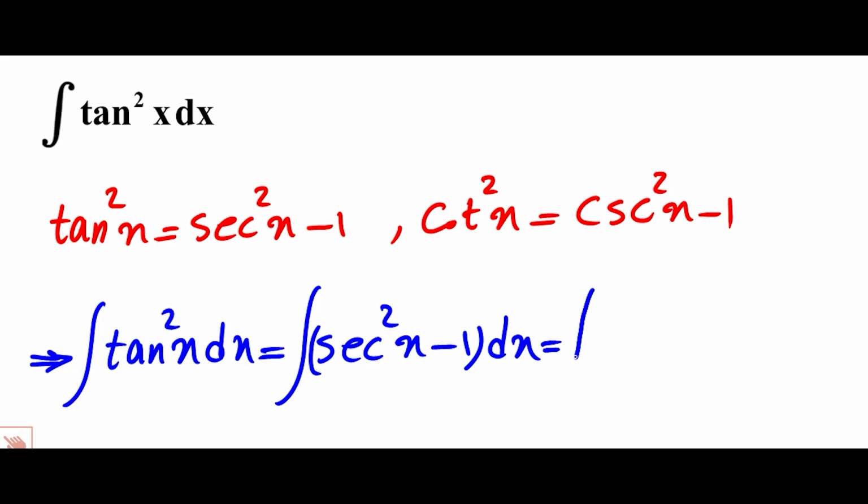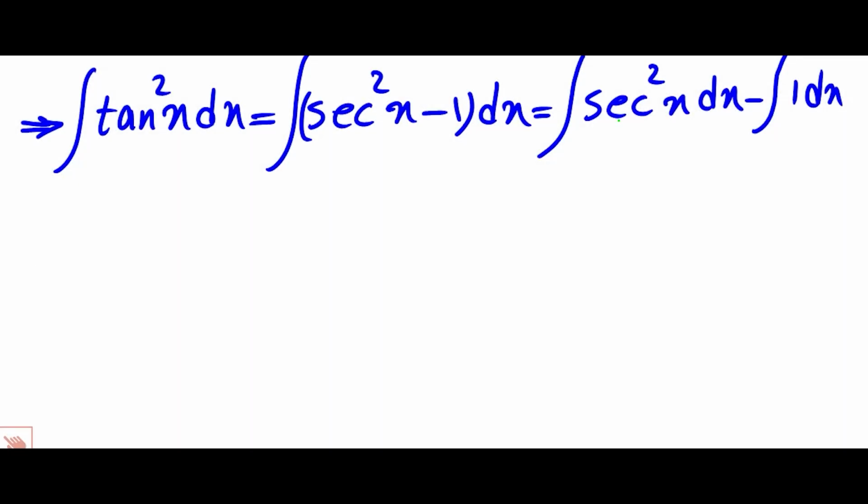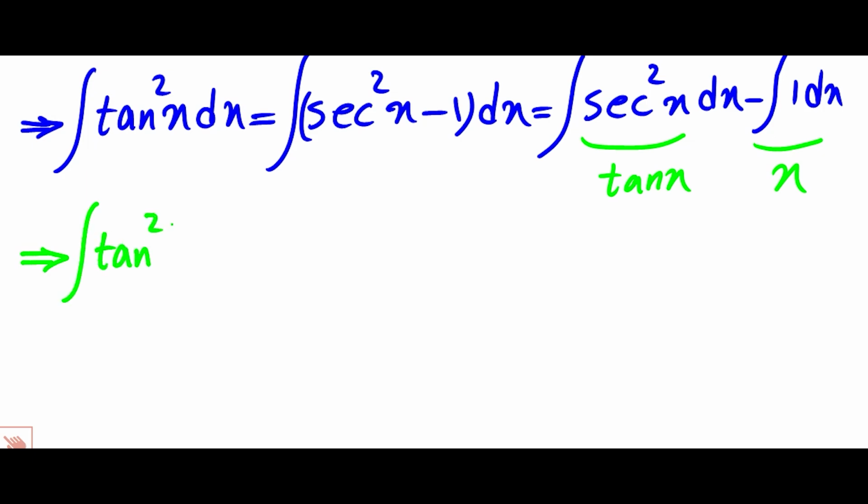So we have the integral of secant squared x dx minus the integral of 1 dx. As you know, the integral of secant squared x equals tangent x, and the integral of 1 dx equals x. So the integral of tangent squared x dx equals tangent x minus x plus c.